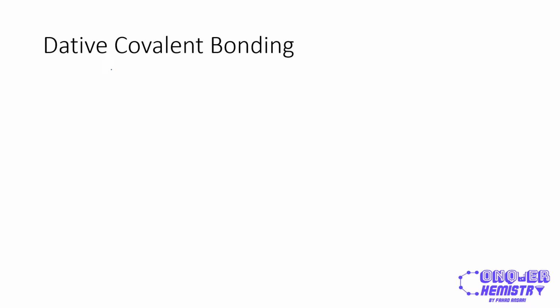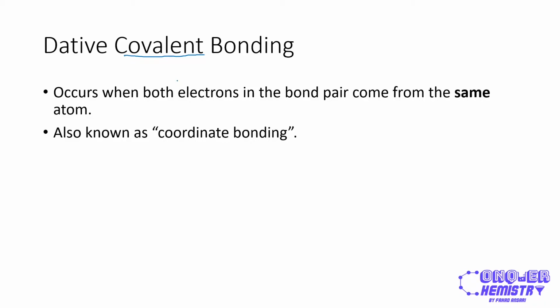So this video is about dative covalent bonding, and we have already covered covalent bonding in a previous video. If you haven't watched that, you should go watch that first before moving on with this one. So dative covalent bonding basically involves the sharing of electrons in a bond pair that originates from one of the atoms, right?